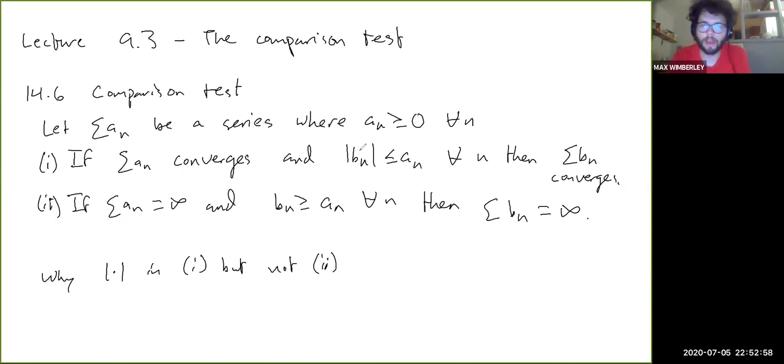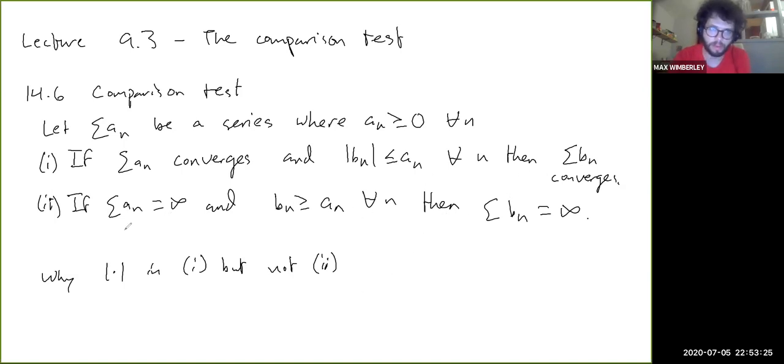That's because if you imagine putting absolute values here, then what could happen is that the absolute value of Bn could be getting very large, but the terms Bn themselves could be alternating or just randomly being positive or negative, which means that instead of the series diverging to positive infinity, it would just diverge completely, not even to plus or minus infinity.